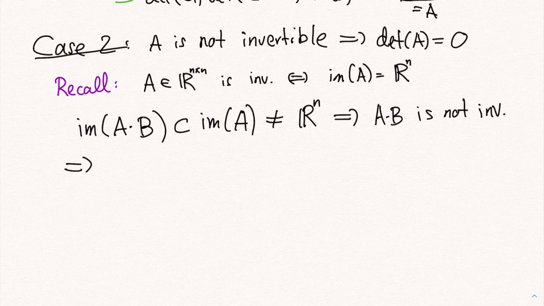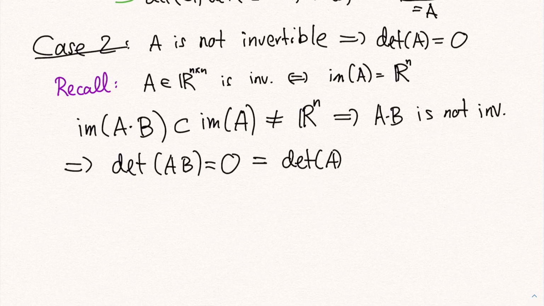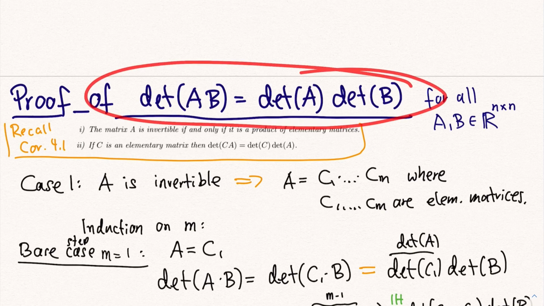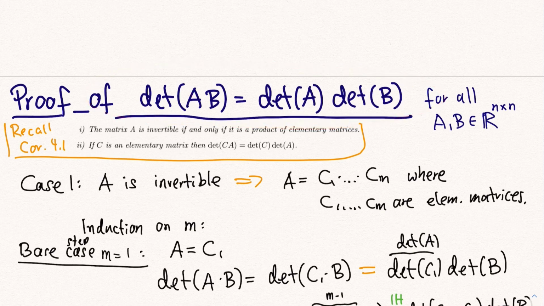But if A times B is not invertible, then we know that the determinant is also 0, and therefore 0 is the same as determinant A times determinant B, because determinant A is already 0. No matter what B is, this will always be 0, and therefore this equals the determinant of A times B. And therefore the statement also holds when A is not invertible.